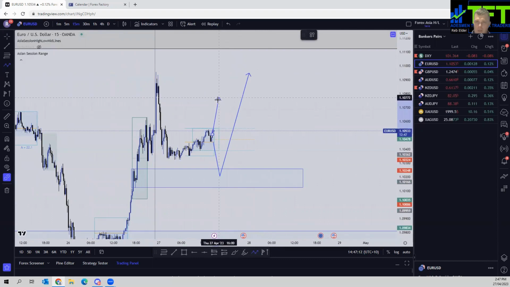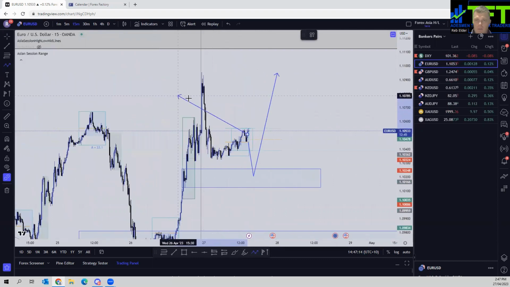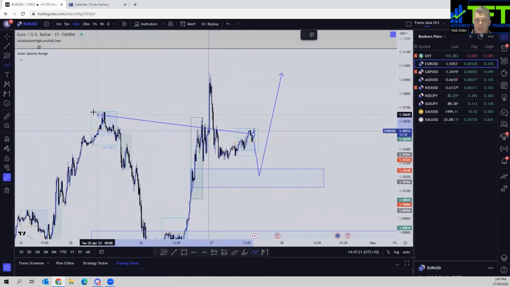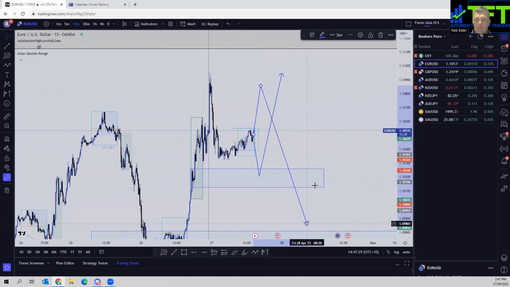But again, we need to be very careful here because we do have this wick, this big extension of a 15-minute candle here that's come up and taken liquidity highs through here, and then obviously sold off directly and came back down. So we may even see a push back up to then sell further lower.